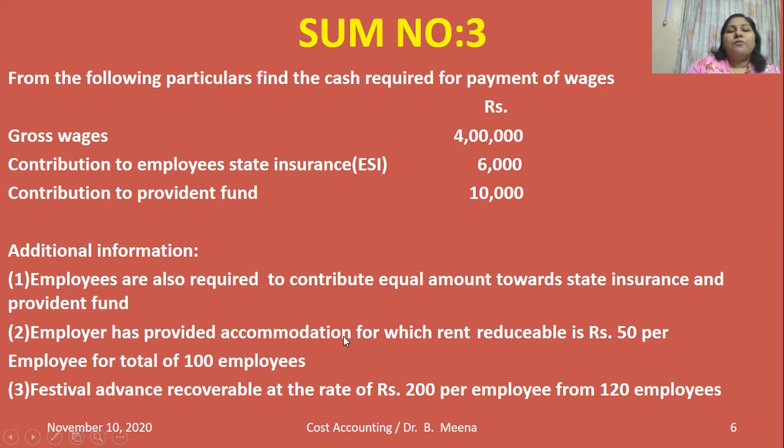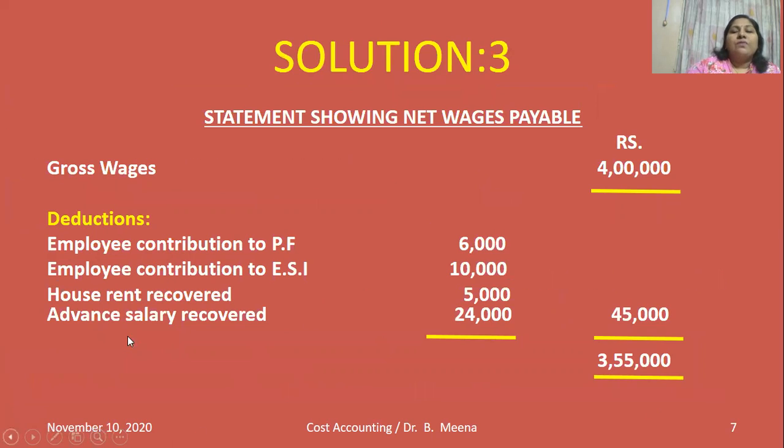Then the employer has provided accommodation, rent recoverable rupees 50 per employee for a total of 100 employees. So this is another deduction. And then the fourth deduction is festival advance required, 200 rupees per employee from 120 employees. So totally we have four deductions. Gross wages is given in the problem directly, 4 lakhs.